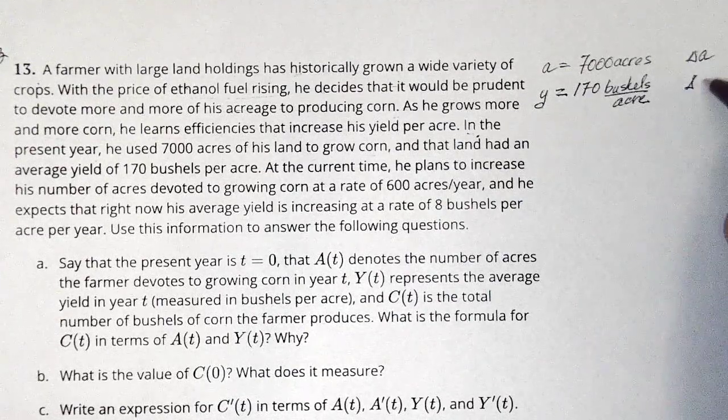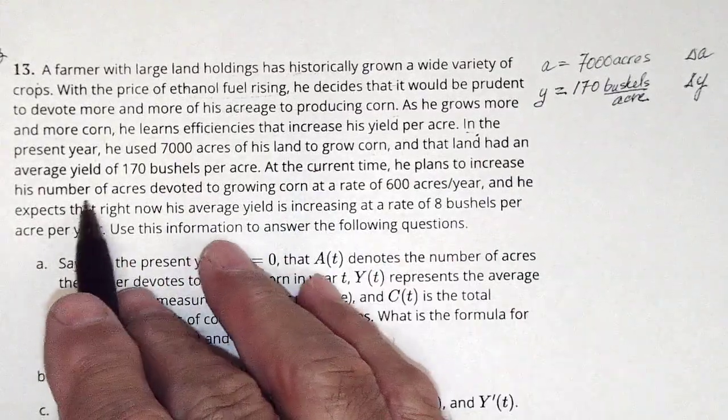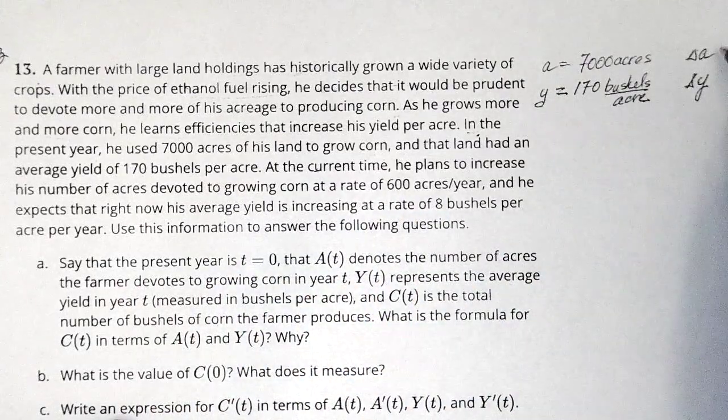And he's probably going to change the yield. He plans to increase the acres devoted to corn by 600 acres per year. So that's a change of 600 acres per year.